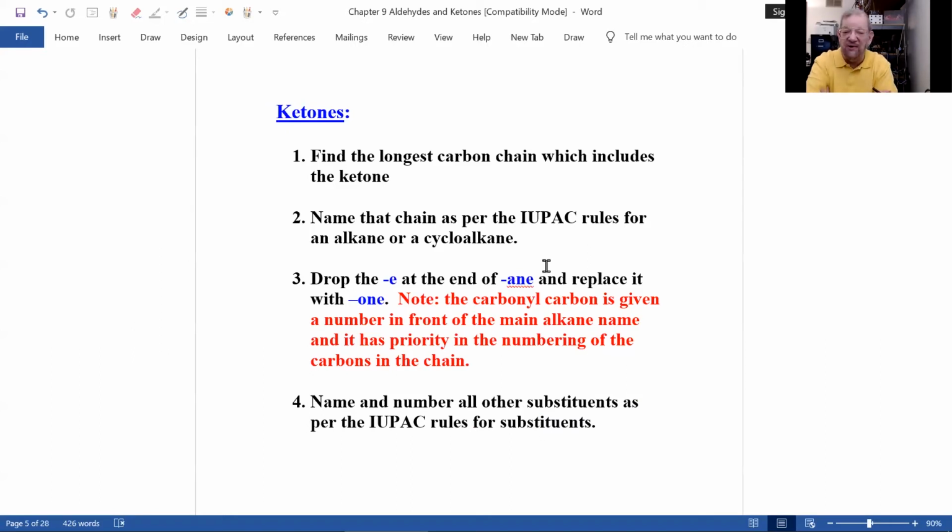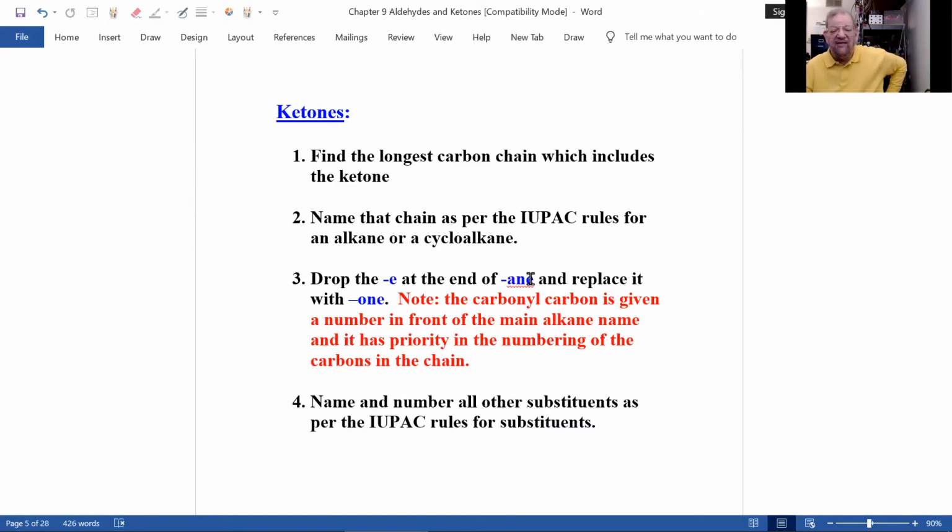By the way, Dr. White and Mother Nature really love cyclic ketones. And drop the E at the end of the alkane or cycloalkane name, and replace it with the letters ONE. For some reason, I never say one, I say ONE.